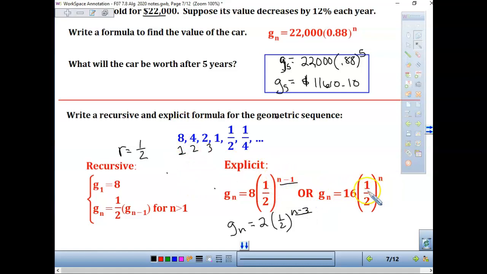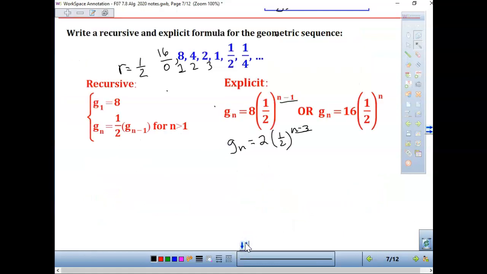This one is using the 0 term, right? So what would be the term before 8 would have been 16. That's my 0. That's how they had this one, okay? So it doesn't matter which one, but you just got to be really careful. And the question I always get is, well, how do I know if I did the right one? Well, plug in the numbers, right? So if you want to check, this is the 4th term.